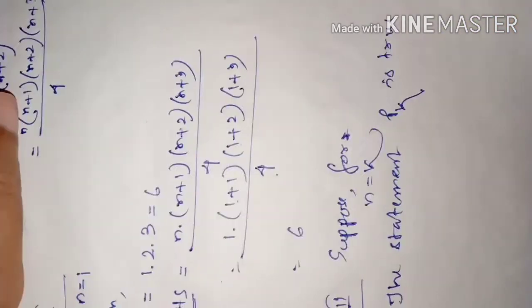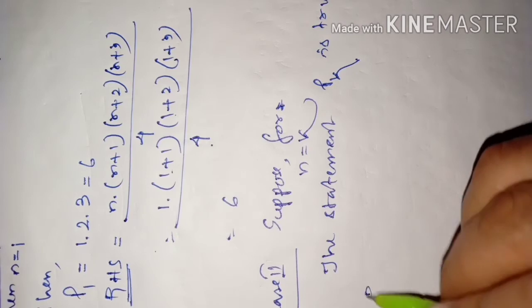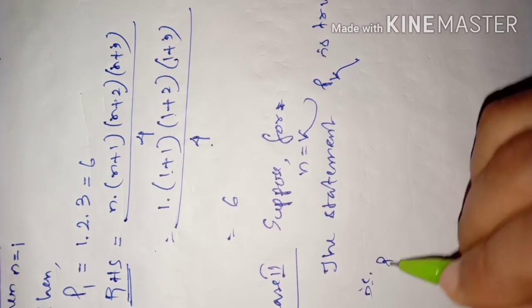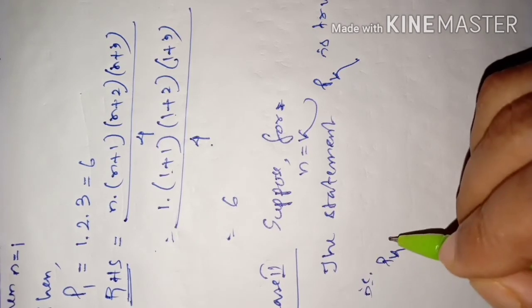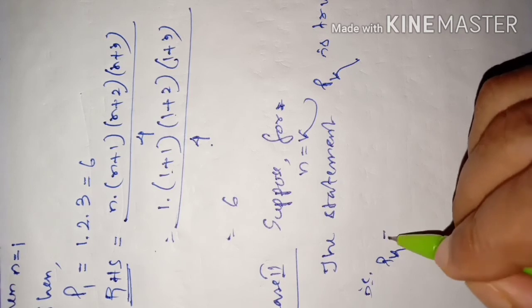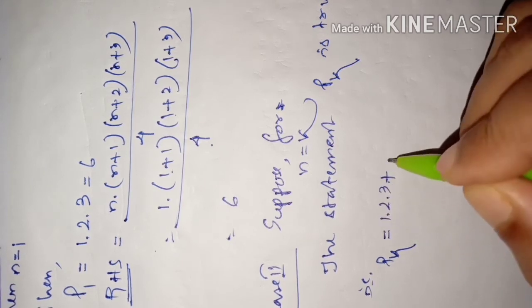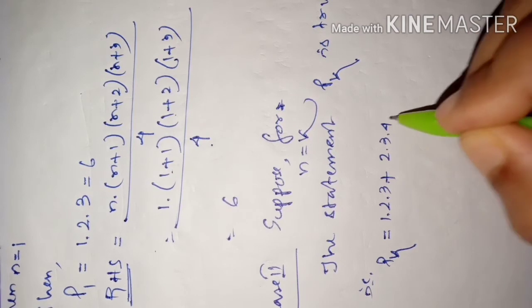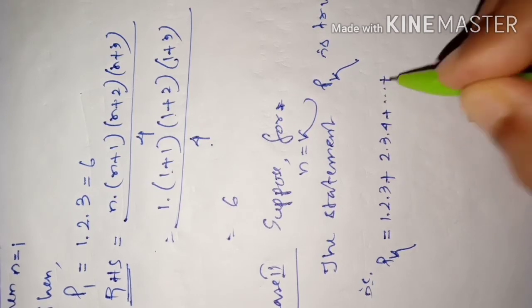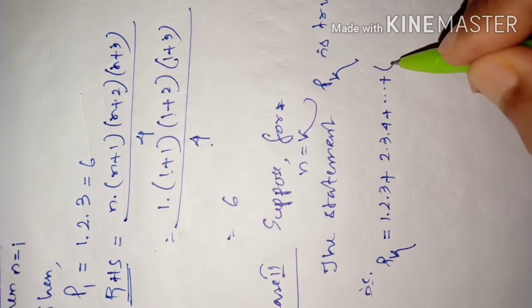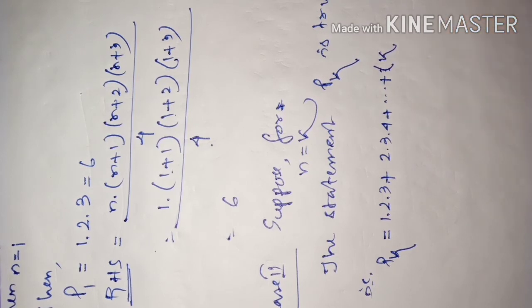That means Pk is equal to 1 into 2 into 3 plus 2 into 3 into 4 plus ... plus k into k plus 1 into k plus 2.